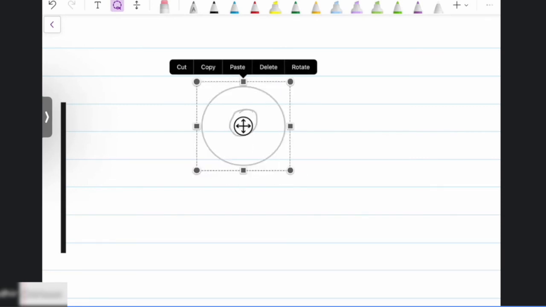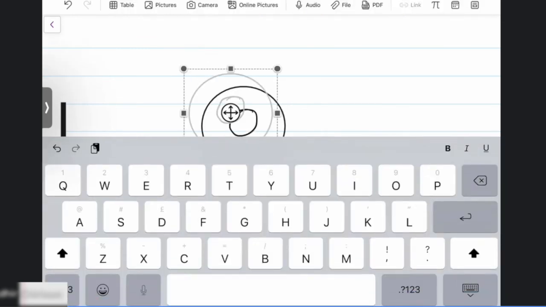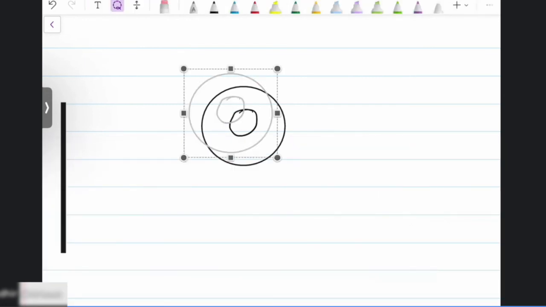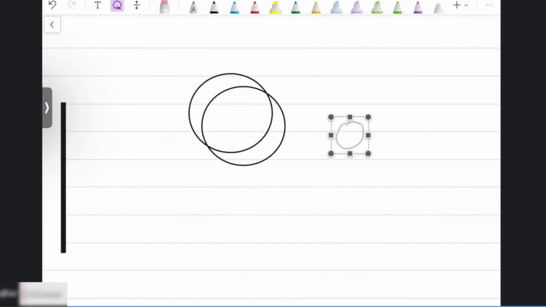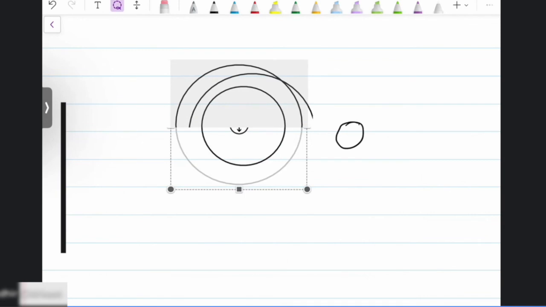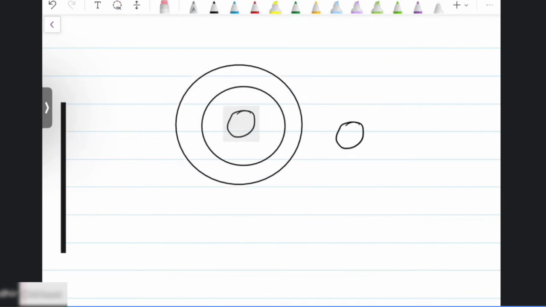So this will be the next energy level. We have our neutrons and our protons all the way in here.